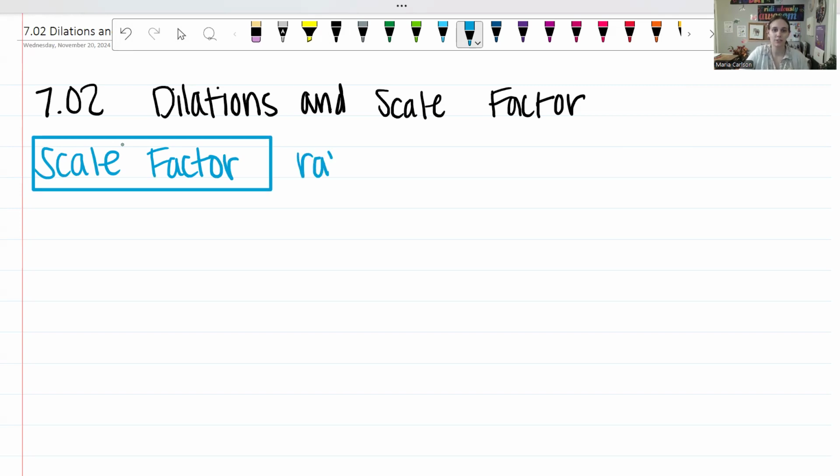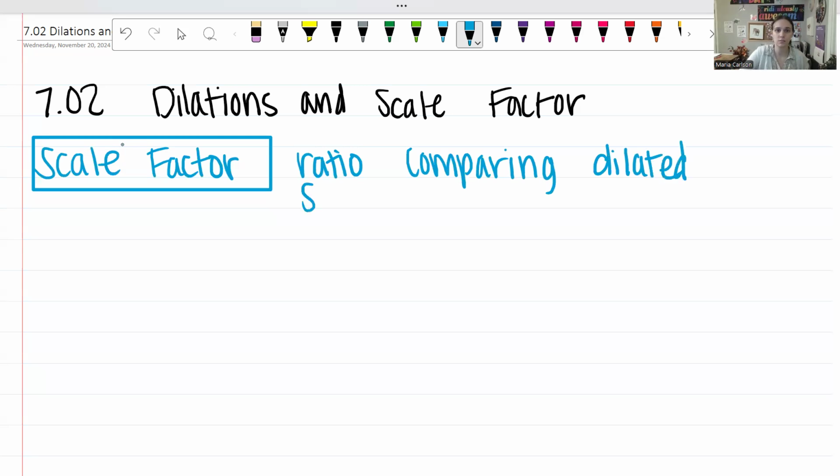So a scale factor is a ratio comparing the side of an image, meaning the dilated side, to the original. And I should say dilated side length to the original side length.